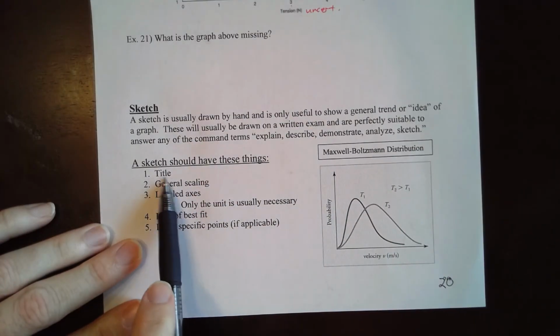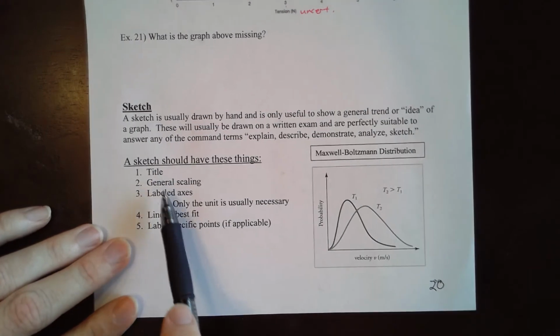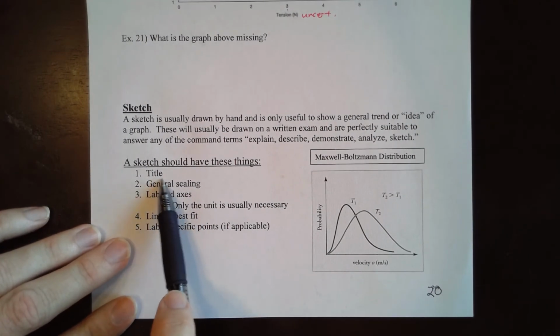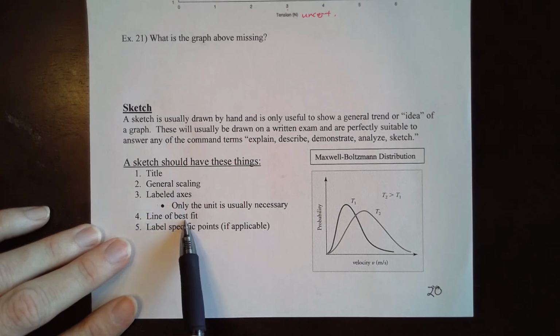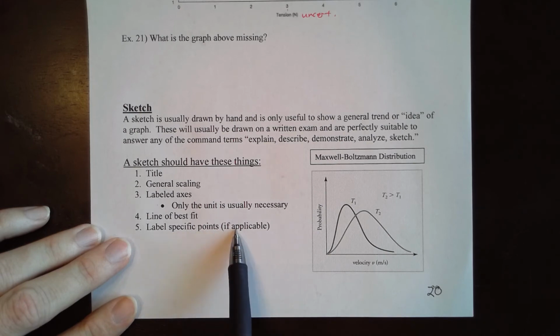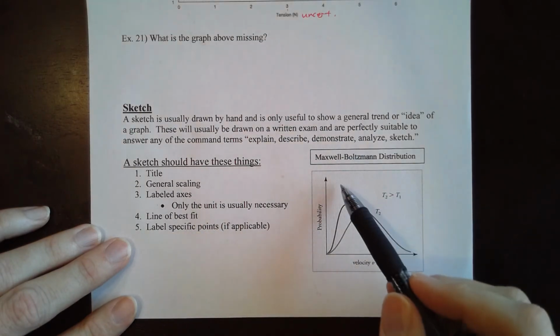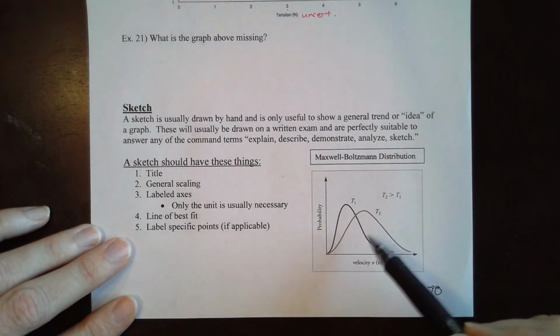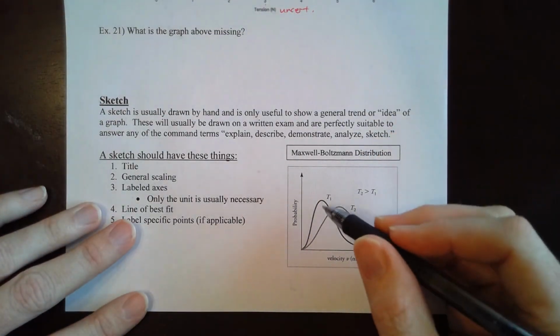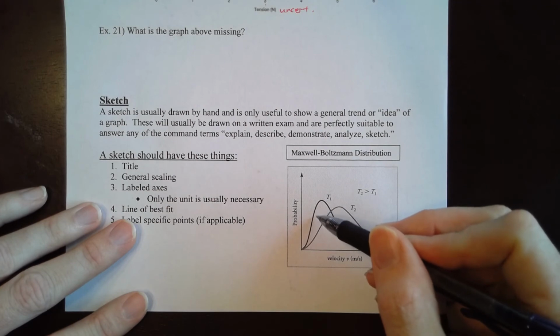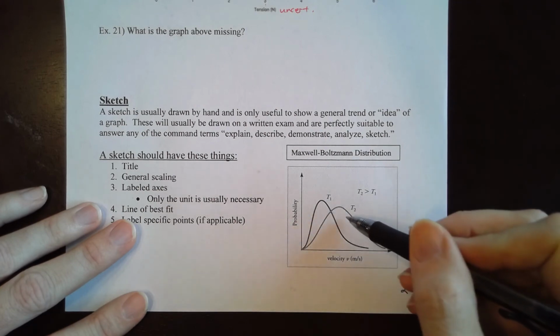All right, so now the difference between a sketch is just a simple graph. Basically you'll see me only draw sketches most of the time. Just have a title, general scaling, labeled axes, put a line of best fit, and then label your specific points. So just like this, a Maxwell Boltzmann distribution, they could ask you to draw that.